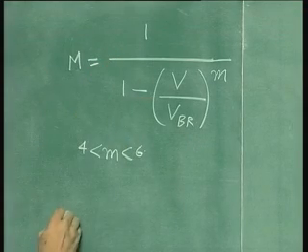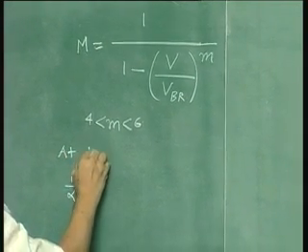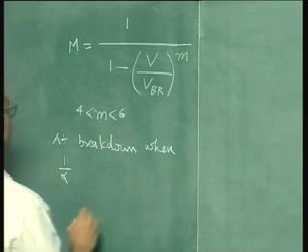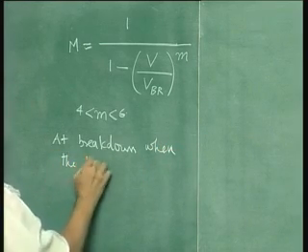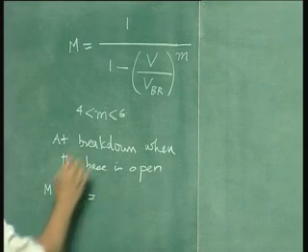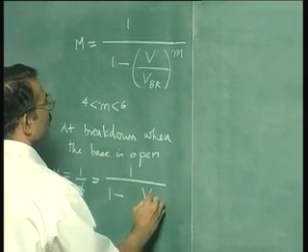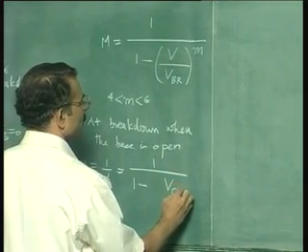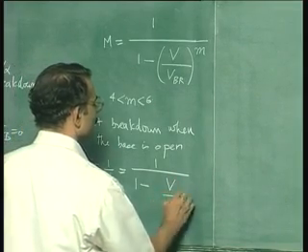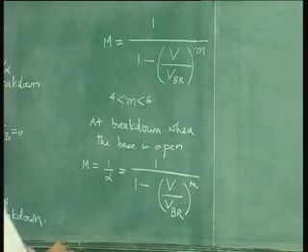So I write, at breakdown when the base is open, M equal to 1 by alpha equal to 1 minus the voltage that you are applying, that is Vc, the voltage across the collector base junction, by the breakdown voltage of the collector base junction.